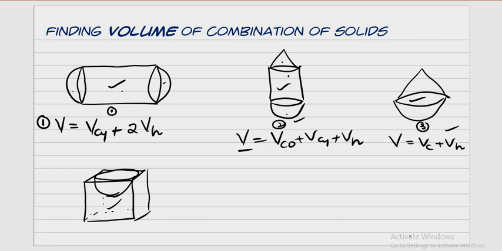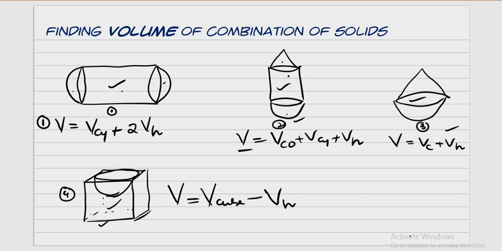In figure number 4, which we have already seen in surface areas, to find the volume, what is happening here? In the cube we are removing a hemisphere from one of its faces. So the volume of the remaining solid is obtained by volume of cube minus volume of hemisphere.